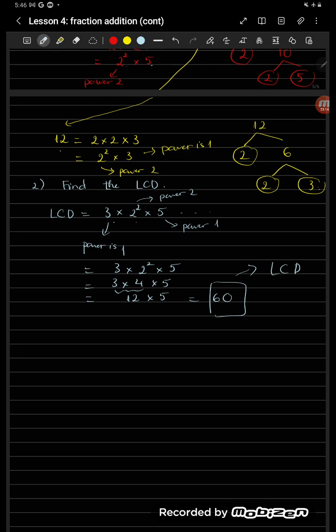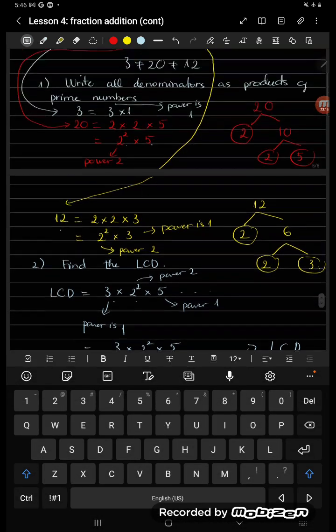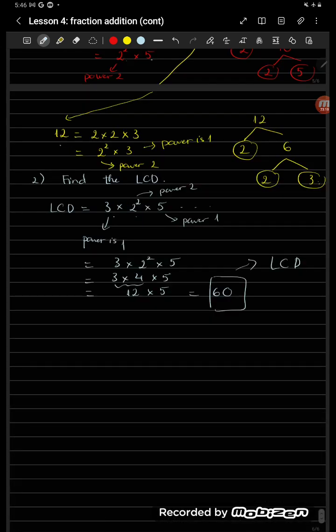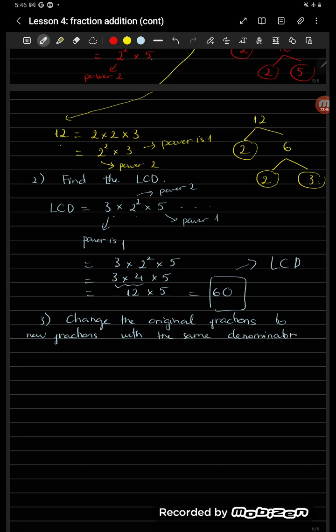Okay, and now we'll add them together. After we find the least common denominator, we just change the original fractions to new fractions with the same denominator, right?